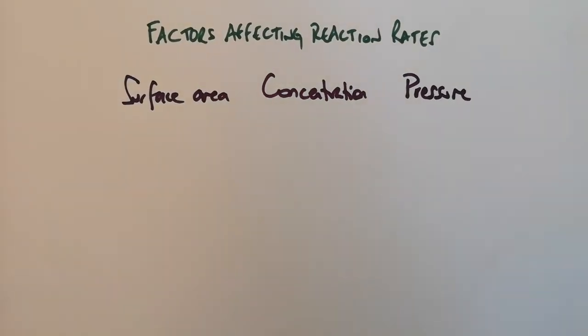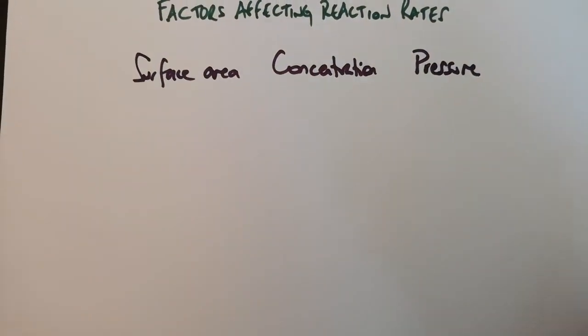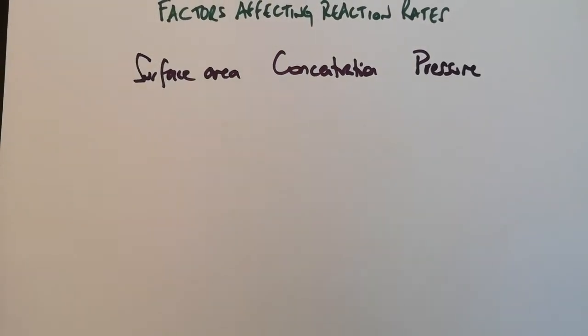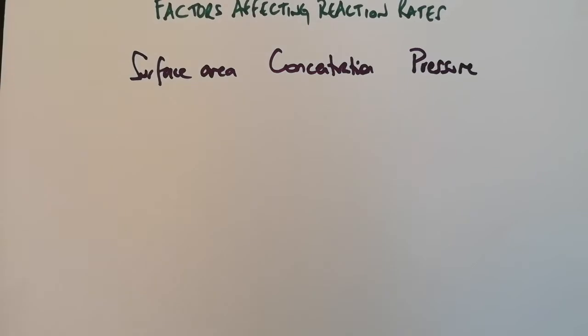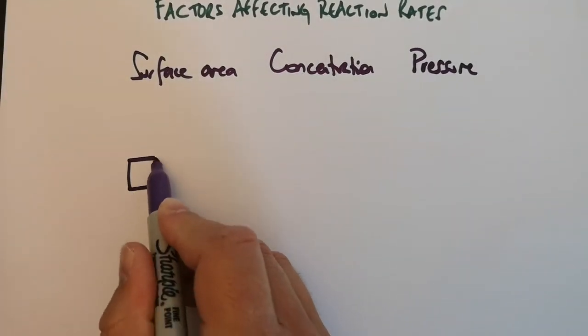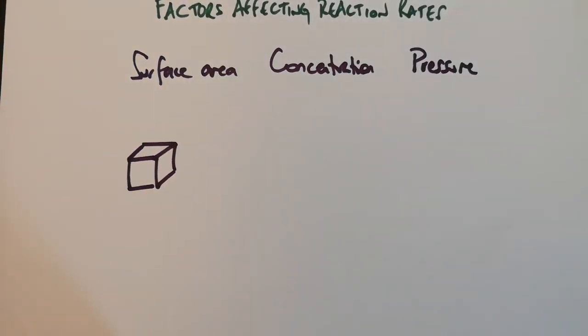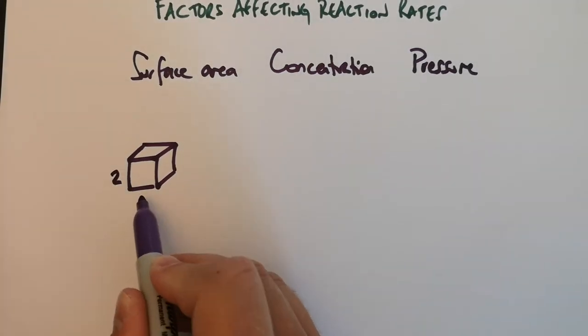So for surface area, you might remember at GCSE calculating the surface area of a cube. It's useful to model particles as cubes because it makes the calculations easier. But if you imagine you have a cube like this, you can calculate the surface area. But let's say it's a 2 centimetre cube.